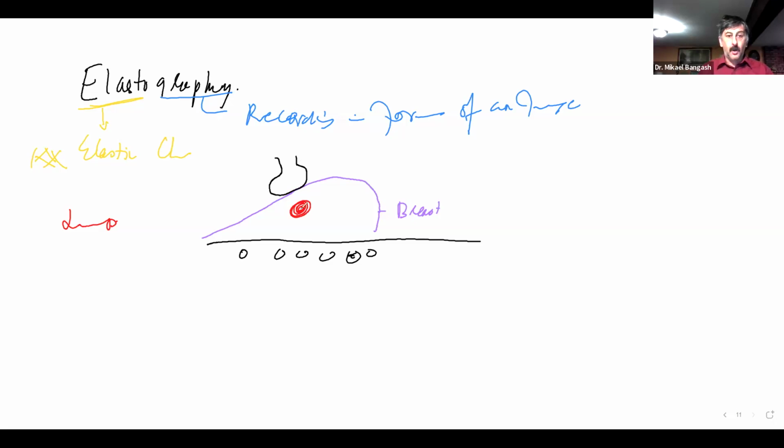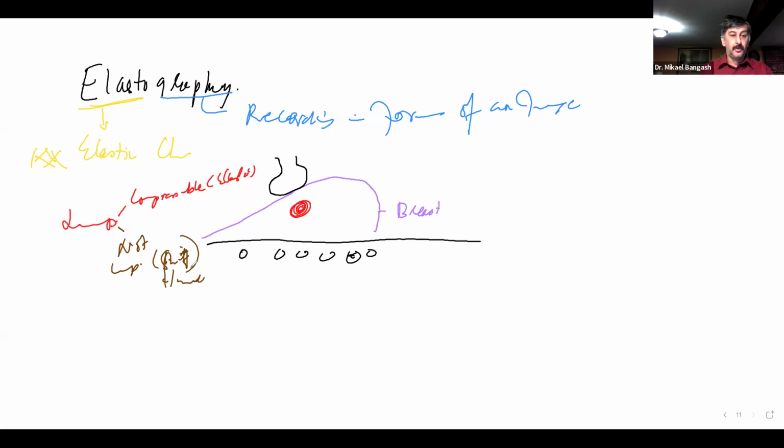Mainly, how would you know whether this lump here was compressible, which means it would have been a little bit elastic, or not compressible, which means stiff or hard?